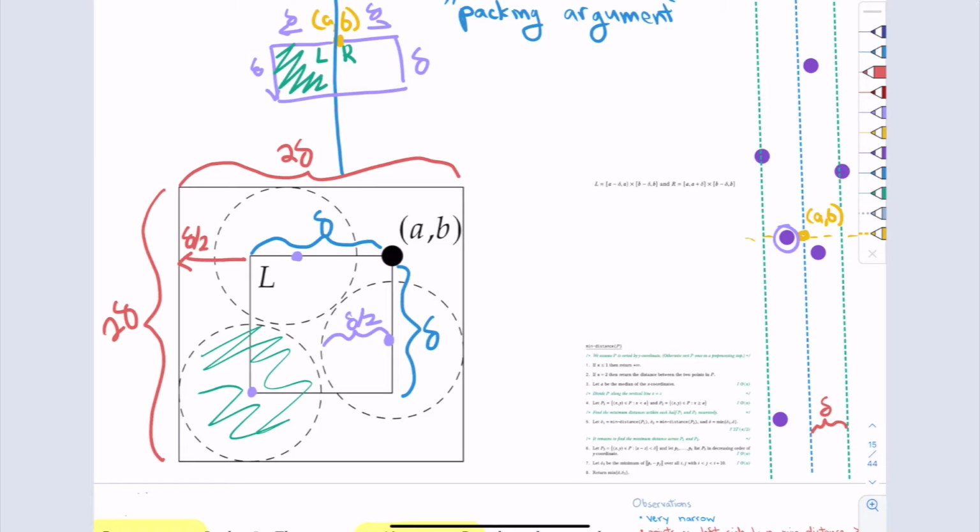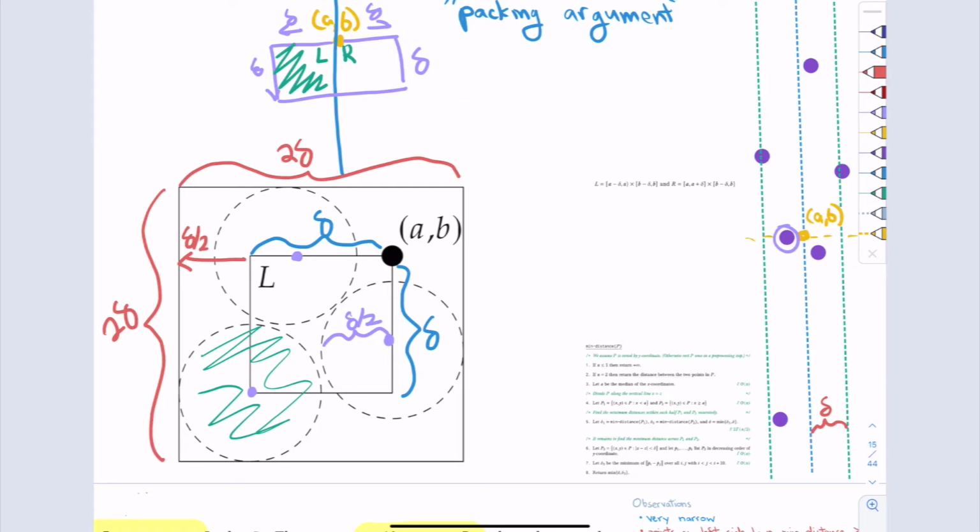So if I gave you those facts, how can I argue that there can only be a limited number of points? Why can't there be a million points under those circumstances? Why does this setup, these interior disjoint balls in the limited space, what's the punchline?